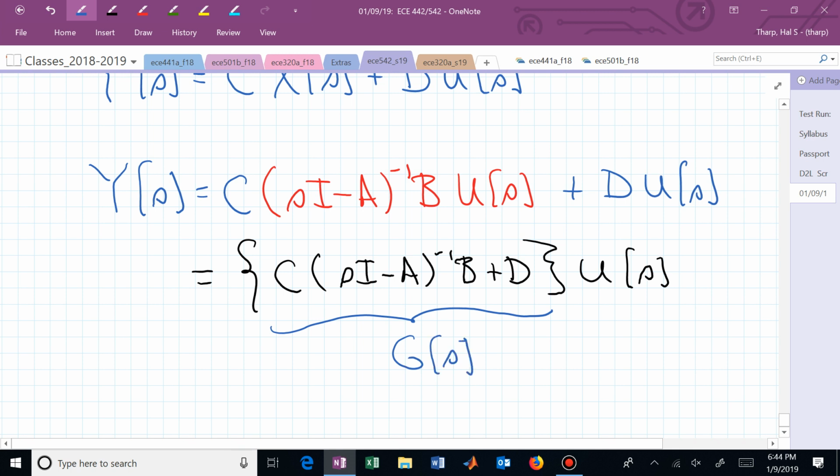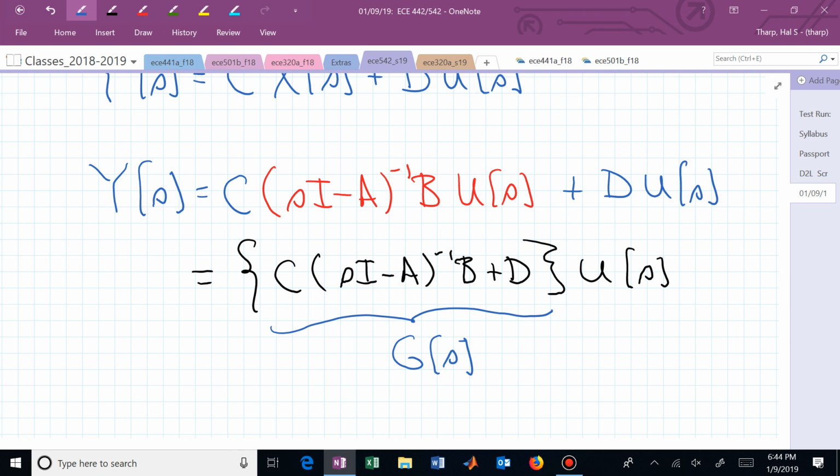So if I give you an A, B, C, and a D, capital G of s, the transfer function, is found through this manipulation. s is a complex frequency variable, so you'll have s's sprinkled around, but you will end up with, in this case, since we had one output and one input, G of s as a scalar transfer function.